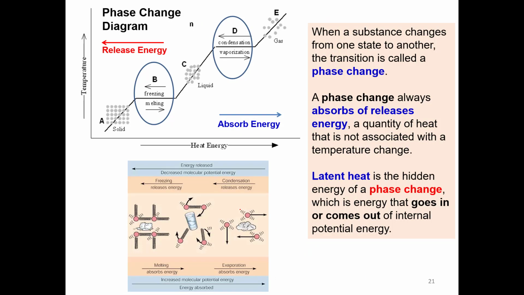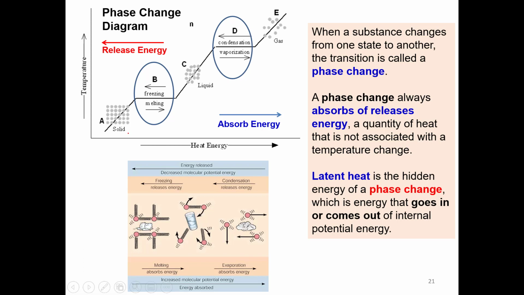And in this picture, we have the phase change diagram. Yes, this is more or less what we discussed in the previous slide, but now we have the diagram of temperature versus energy. In this direction, the material is absorbing energy.